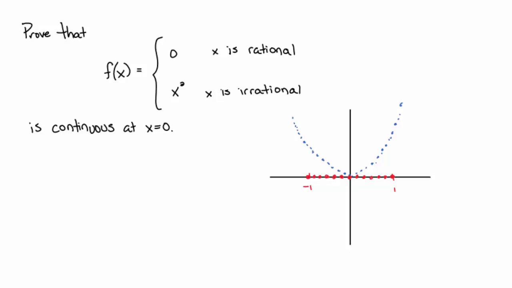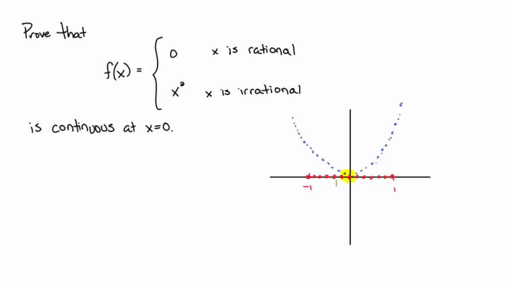The y values do. But it turns out that if you zoomed in enough around x equals 0 here, the distance you're lifting your pen to graph the irrational outputs versus the outputs for the rational numbers gets smaller and smaller, and eventually that distance is pretty much nothing. It's infinitesimally small.